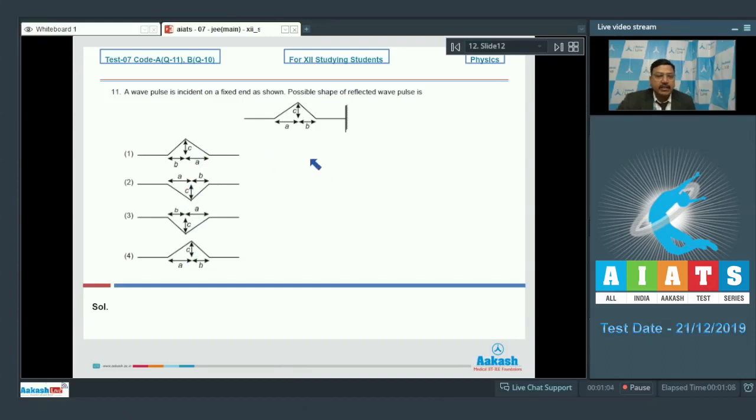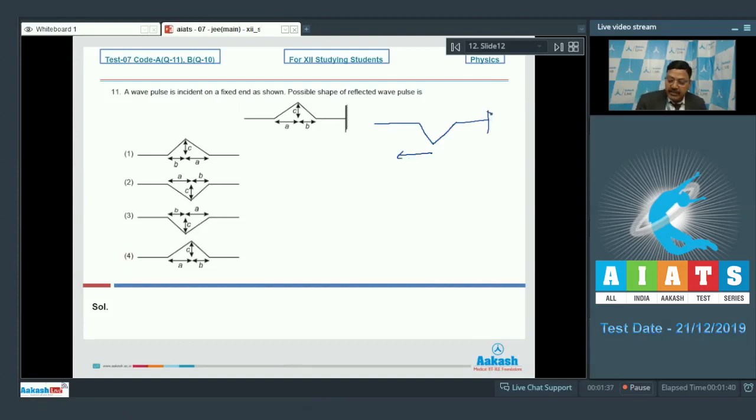Now, after the pulse is reflected, it gets inverted. Now again further, we look at what, between these two, should be the shape, or rather better still, without even looking at this, we can still judge. We can see that when the pulse is reflected like this, let's say this is reflected and it is traveling in this direction.